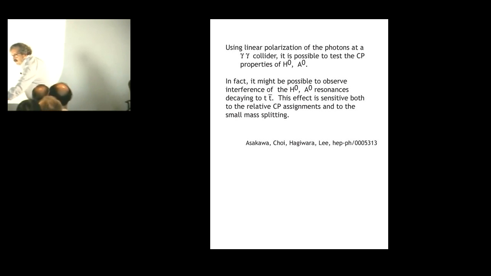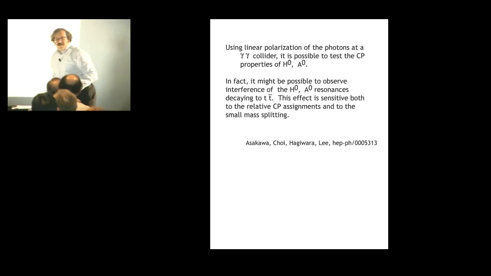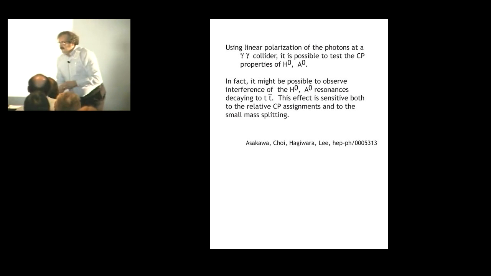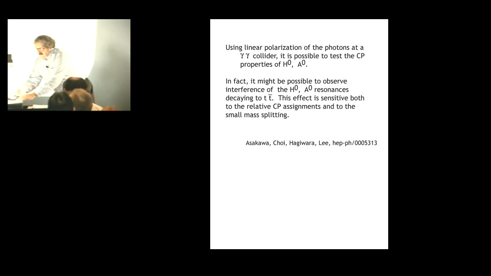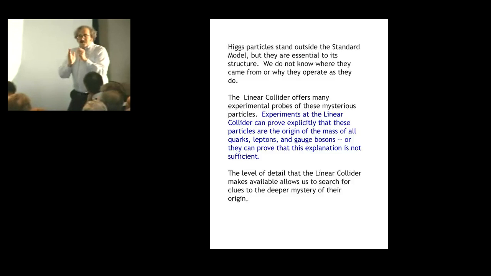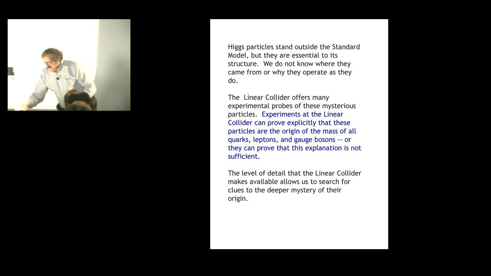But in fact, you can also use linear polarization combined with study of the final state to produce interferences between H and A. And there's a very interesting paper, which I refer you to if you're interested in such things, where these authors show how to use linear polarization to make the H and the A interfere, to very precisely measure the mass difference as well as the widths of these particles.